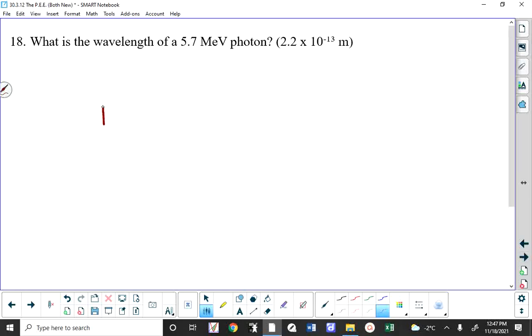So if we use this formula, energy of the photon equals hc over lambda, we can go ahead and put that energy in, and we have an option here that we could convert it to joules. I'm not going to. There's something that's not optional, and that's that you need to address that mega. Capital M in the metric prefix system is mega, and if you look on your formula sheet, because maybe you've forgotten some of these, it's there.